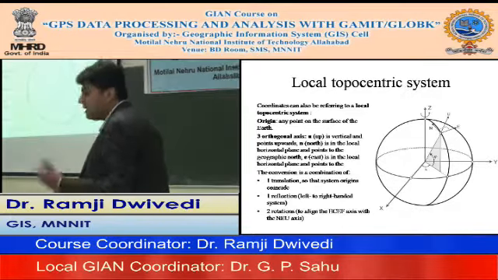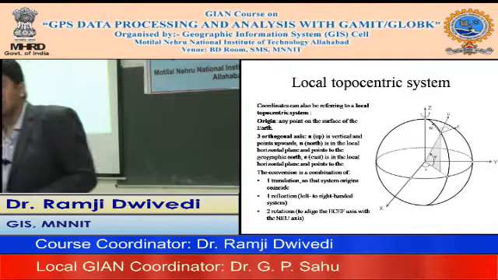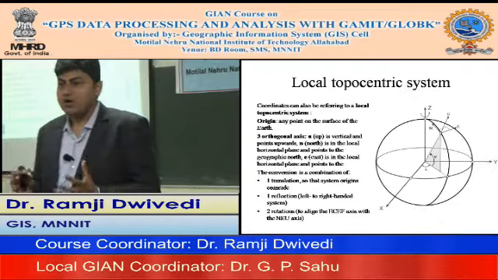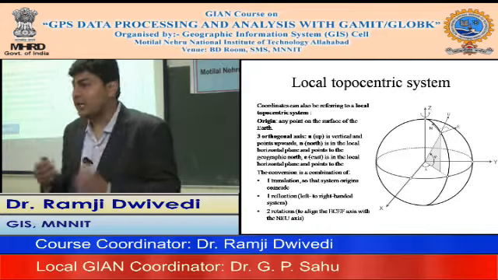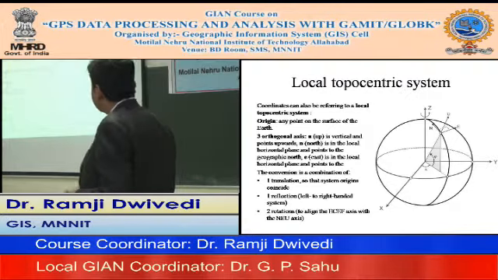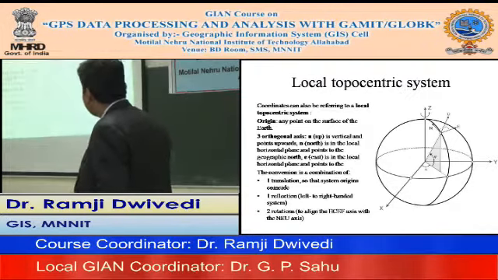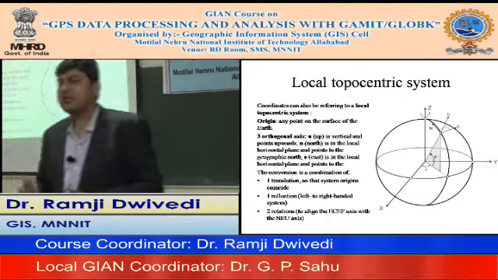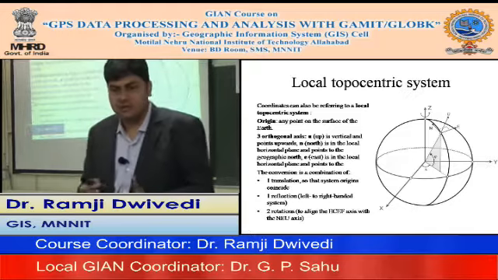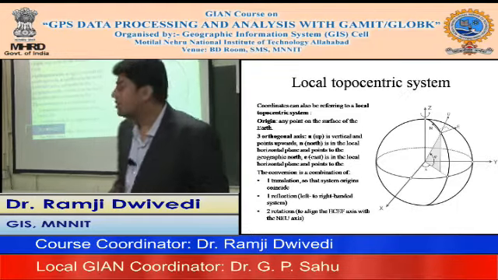And obviously, with the advent of GPS, you have a coordinate in a global system which you can relate every time. So that conversion is also possible by rotating the three axes and shifting to the particular center, the origin at the surface of Earth.